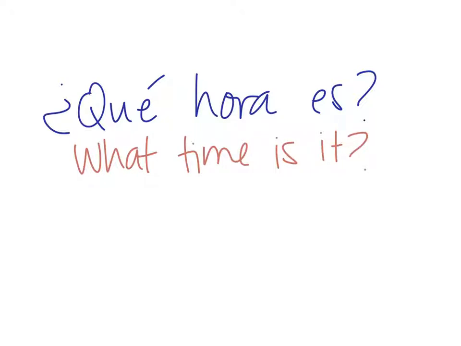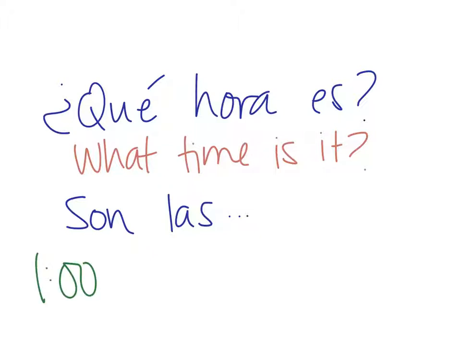Another phrase that you would use is whatever the answer to that question is, okay? For almost all of the time, you would say son las, and then whatever the time is. Except for when it is 1, okay?